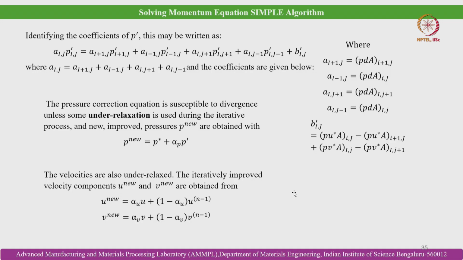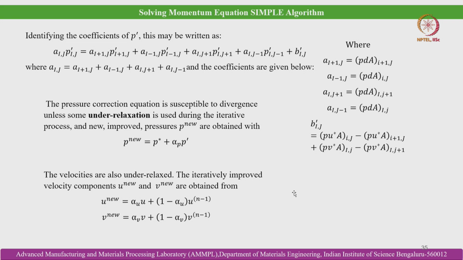So, here there should be a I plus 1 J P prime I plus 1 J plus a I minus 1 J P prime I minus 1 J plus a I J, I J J plus 1.